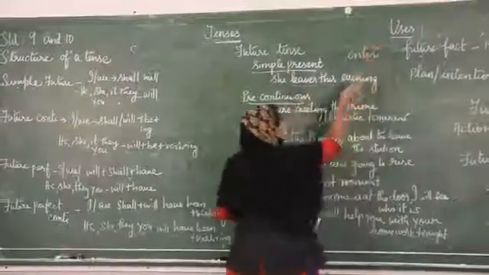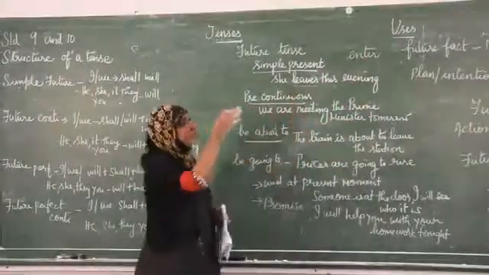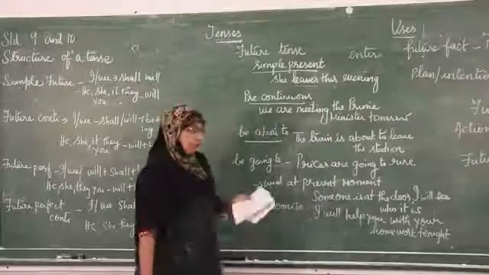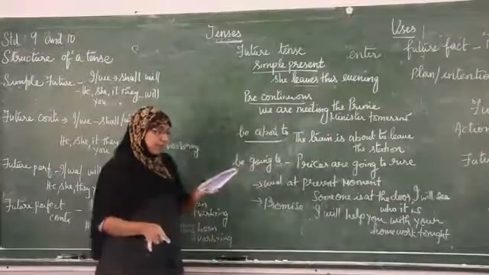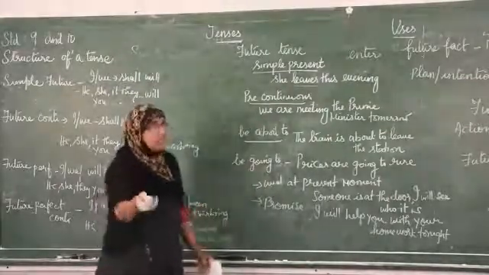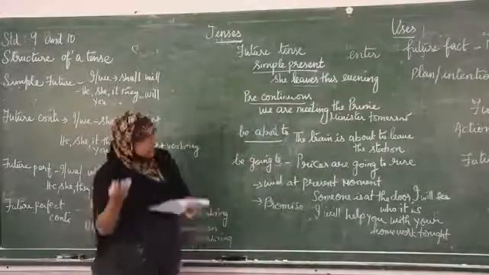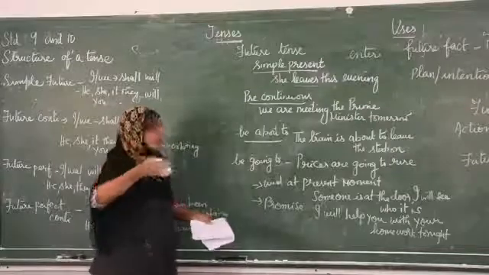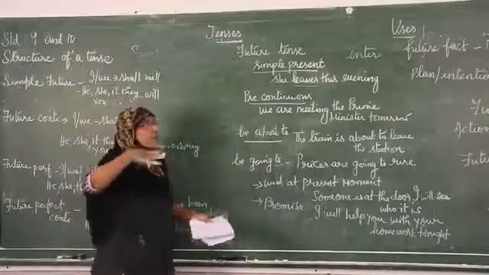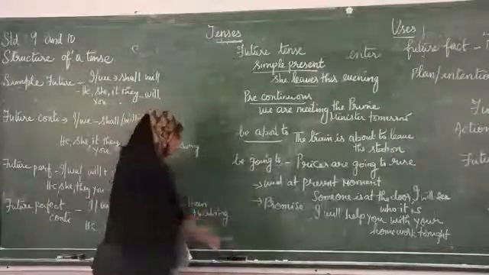Always remember, along with the future tense, we are also using present form. When I enter the class, the teacher will be teaching, some students will be taking notes, and some will be sleeping also. So the action will be going on in the future and it creates the atmosphere.